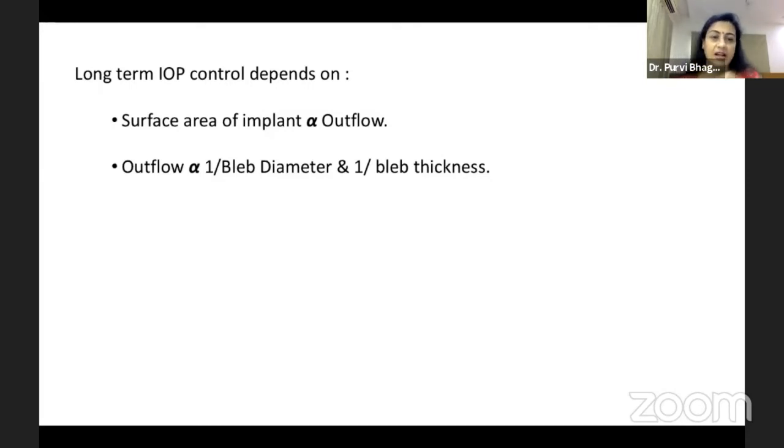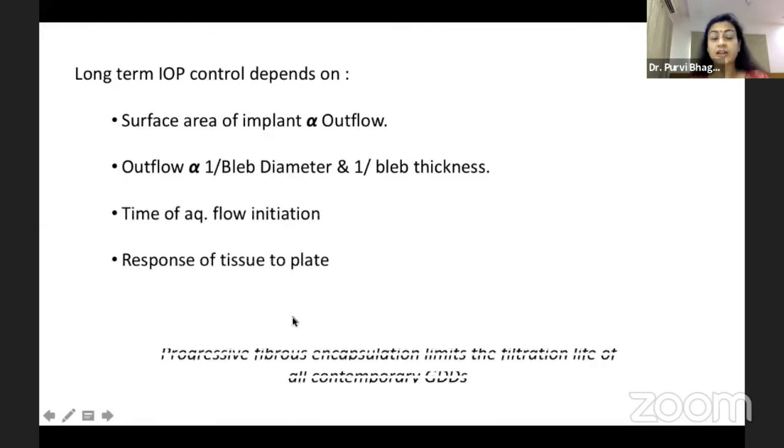Obviously, the larger your implant, the more the bleb formation and the more the diffusion of aqueous. It is inversely proportional to the bleb diameter and the bleb thickness. As I said, it also depends on the time of aqueous flow initiation and the response of the tissue to the plate, which would be variable from individual to individual. So this progressive fibrous encapsulation is the major factor which limits and decides the filtration life of all the current GDDs.